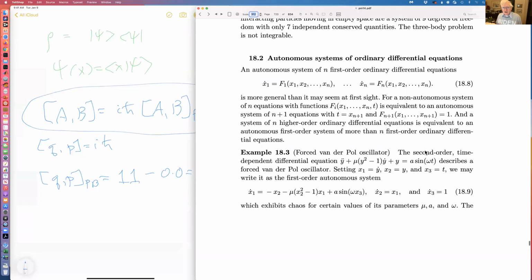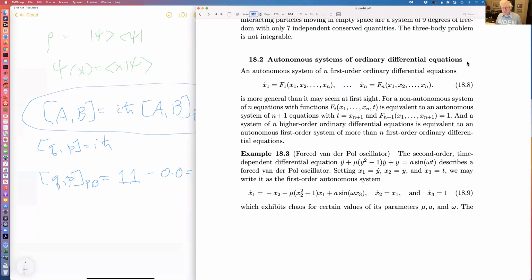Anyway, you can have autonomous systems of ordinary differential equations. What you have then is x1 dot is some function of the n coordinates, and then the time derivative of the nth coordinate is another function of the n coordinates.